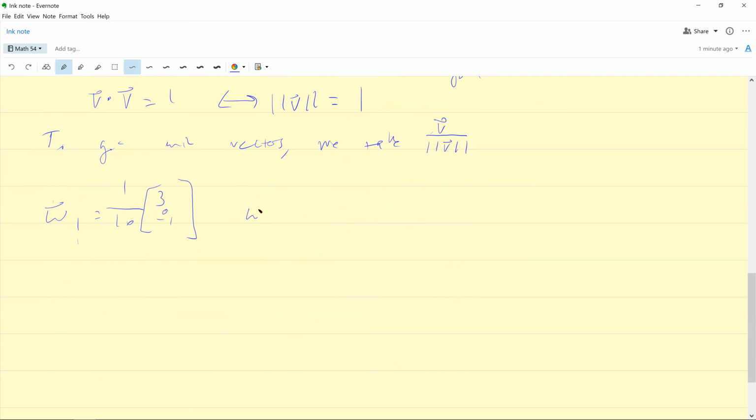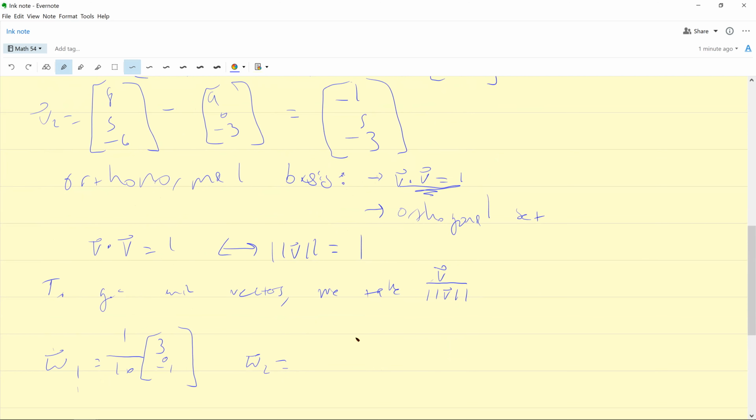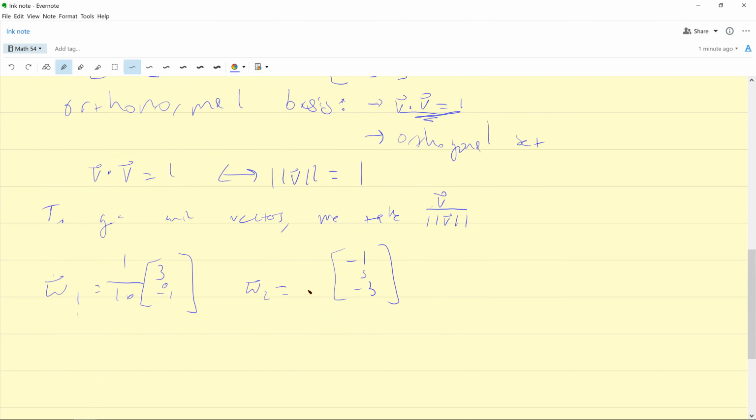And then w2 is -1, 5, -3 times 1/35. Or actually, I think we need the square root of those. There we go. Any questions about Gram-Schmidt?